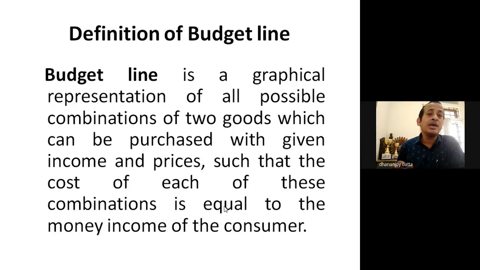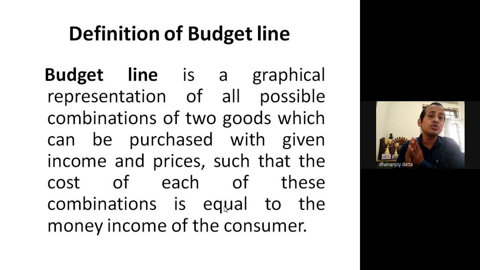See, every consumer has their income. From this income, the consumer purchases. So when the consumer purchases, there is a price of the goods the consumer needs to pay. Now for purchasing a particular product, the consumer has a budget.